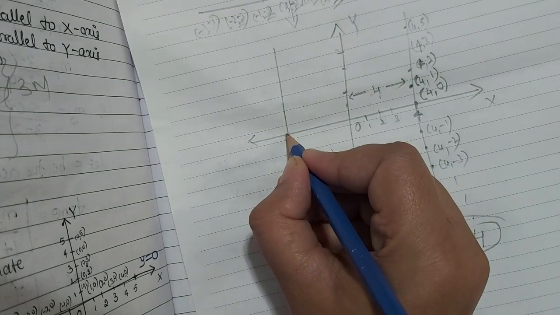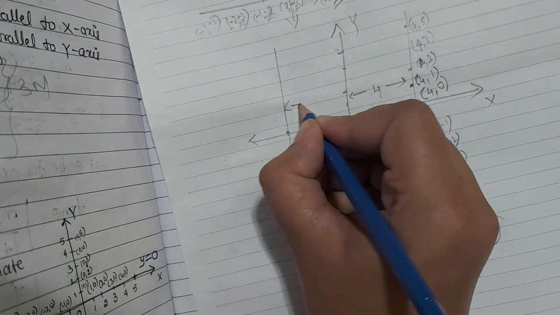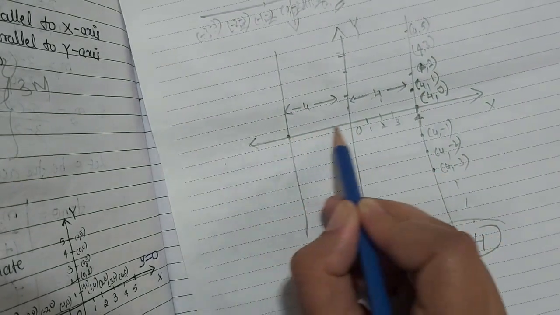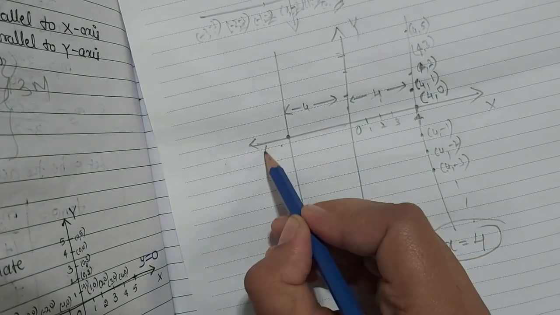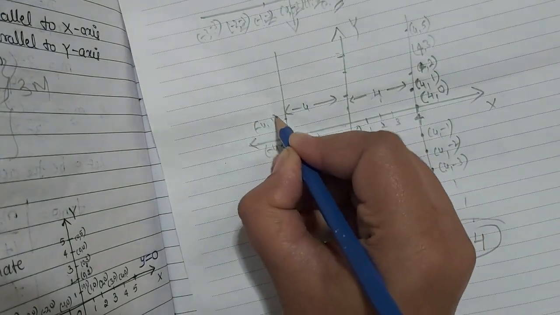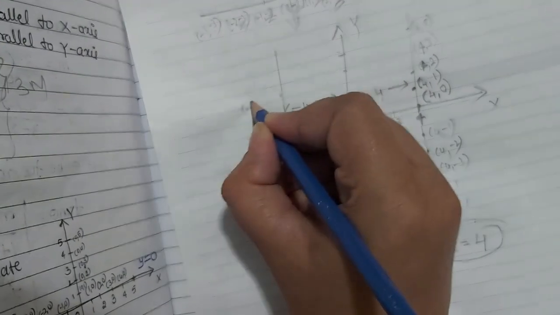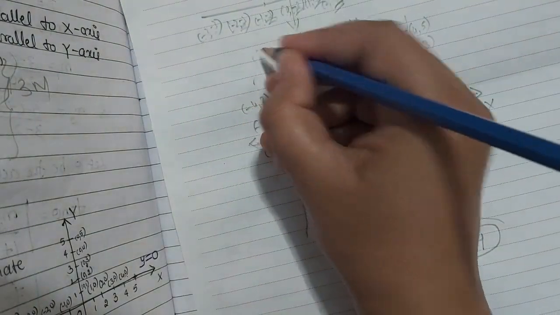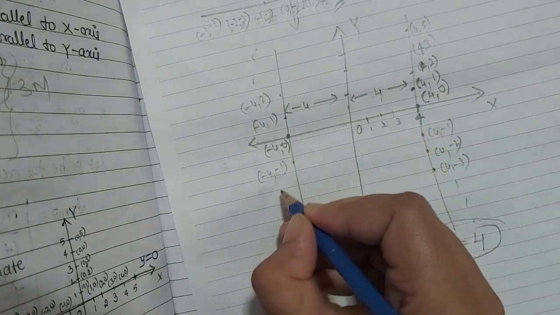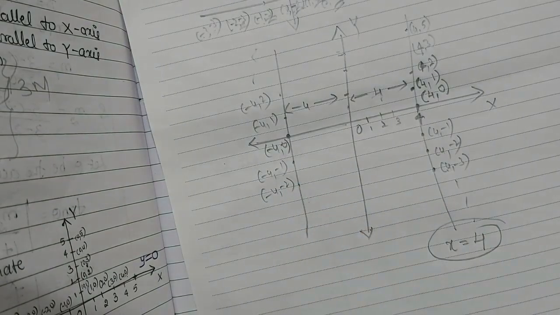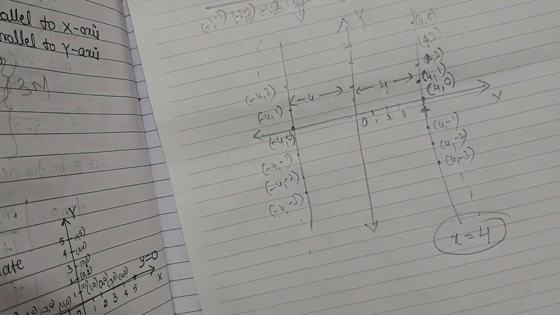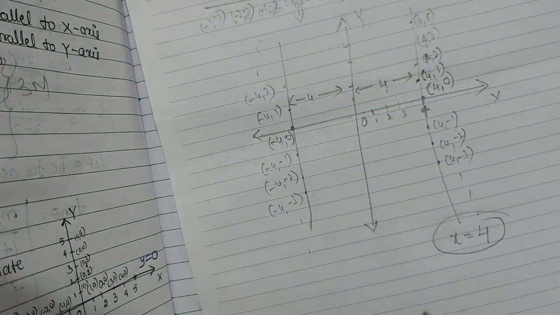Similarly, here also the distance will be 4, but when we consider the negative side, that is the negative x-axis, it will be negative. So x is -4, y is 0. x is -4, y is 1. x is -4, y is 2, and so on. x is -4, y is -1. x is -4, y is -2. x is -4, y is -3, and so on. So what is the general concept or condition we can see in the given points?